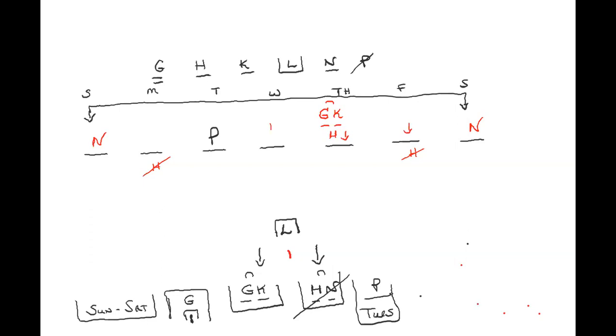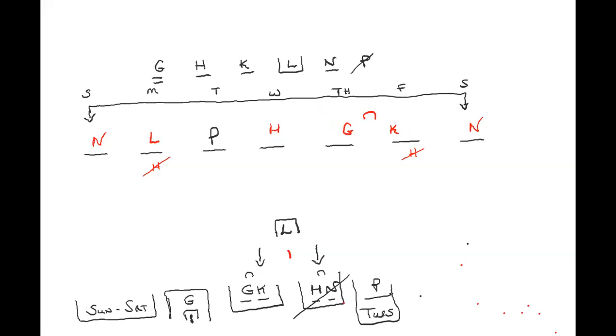And so what must be true is that you're going to have H, G, K, and that's reversible, could be KG, and L. Okay.